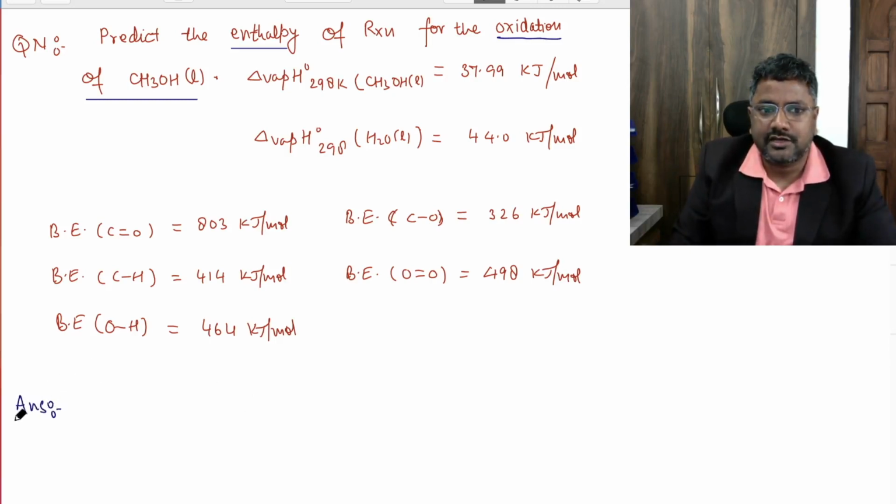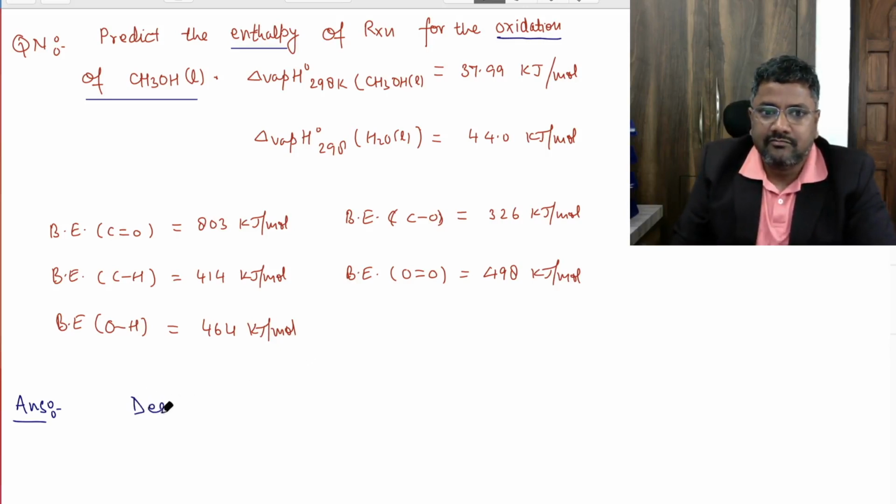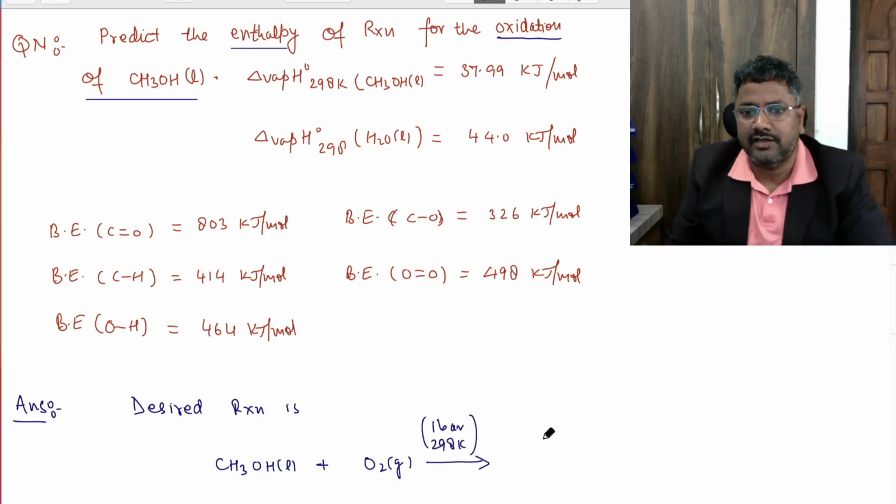So first of all, in any such type of question, you have to write the desired equation. So the desired reaction is CH3OH liquid plus O2 gas gives, because 1 bar pressure and 298 Kelvin, this is the standard condition what we are using.